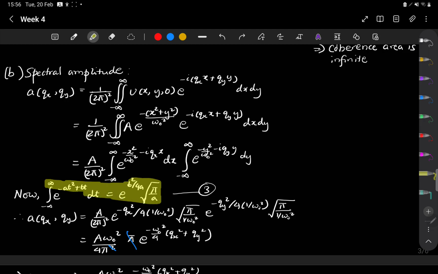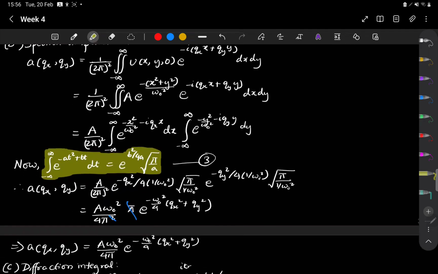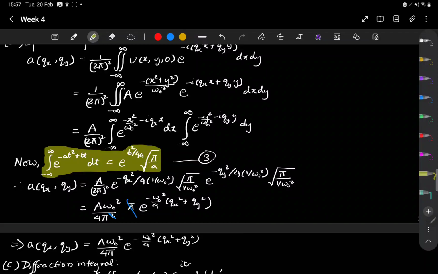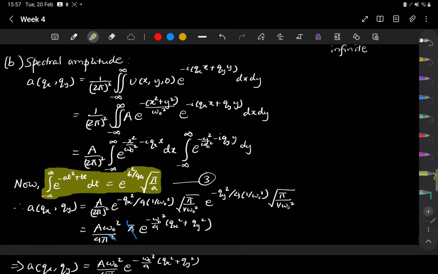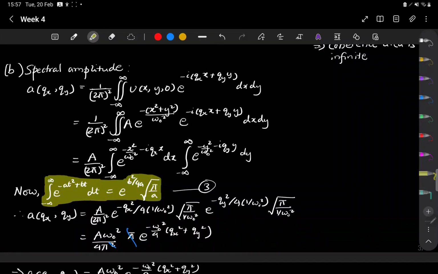You can actually evaluate this, but you should memorize this. This Gaussian integral is very important, and we will be making use of it in a lot of places in physics, not just in this course but elsewhere as well. So you should memorize the result of this Gaussian integral.